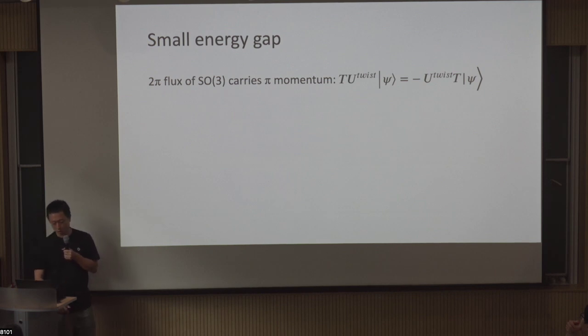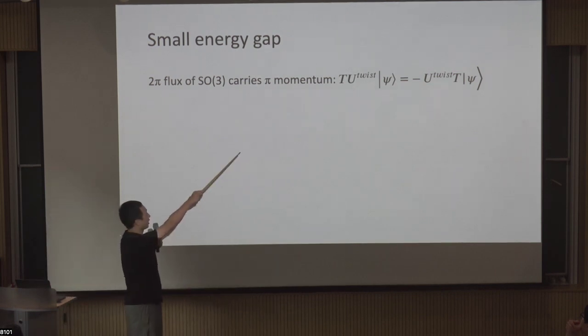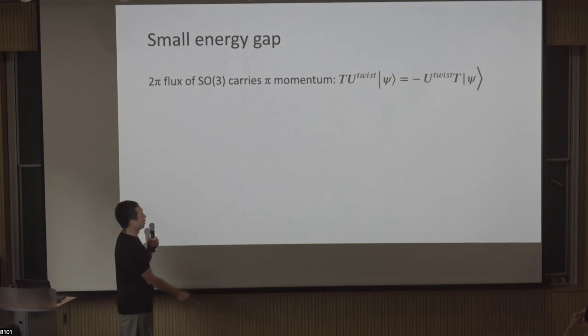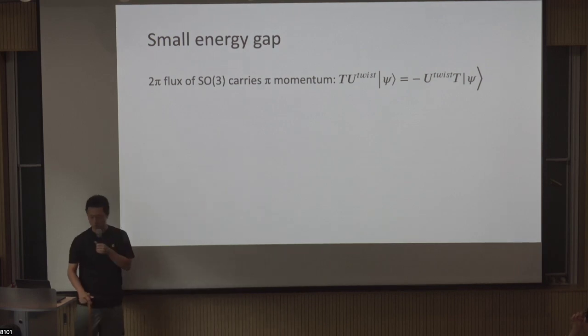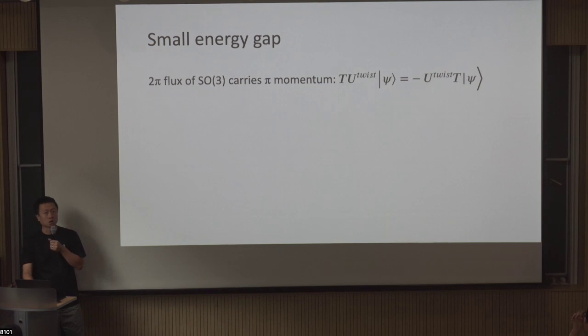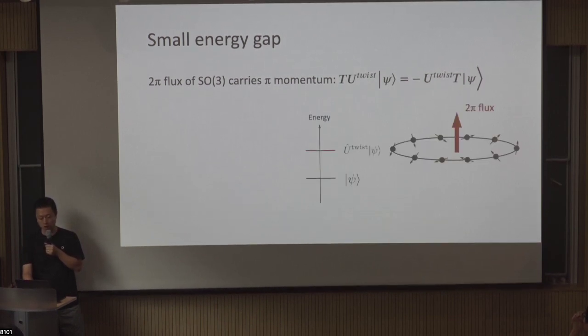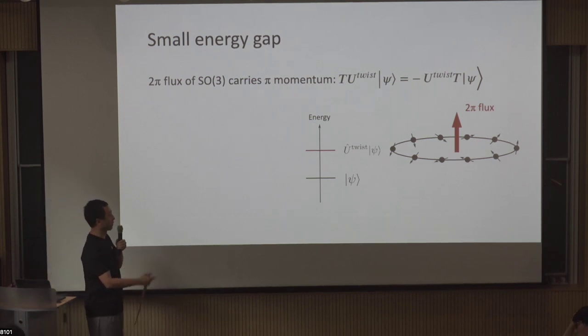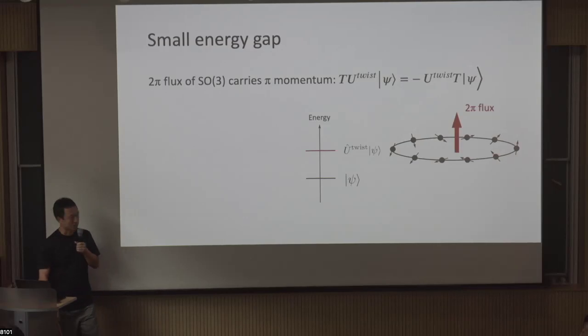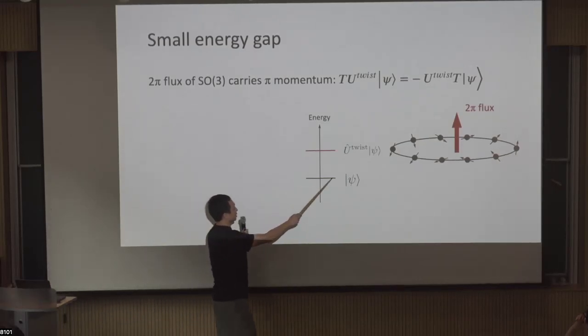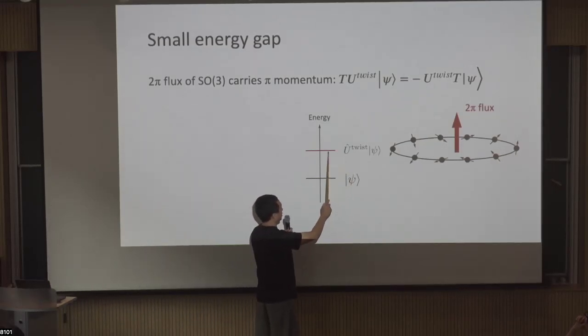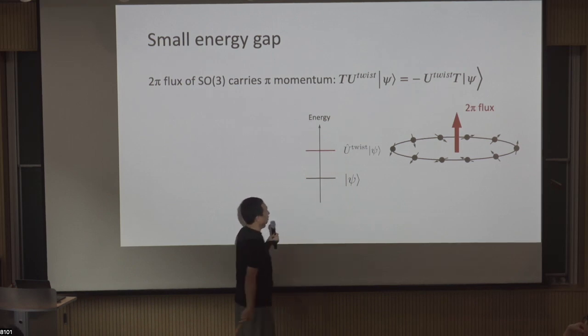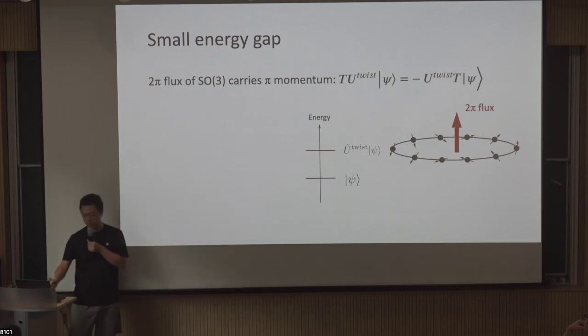In other words, if you start from an SO(3) symmetric state and apply this operator, the translation eigenvalue gets a minus sign. So these two states have different momentum; you can say the momentum is shifted by π. In other words, you pick any state that respects the symmetry, then you always find another state orthogonal to that, created by this twist operator.